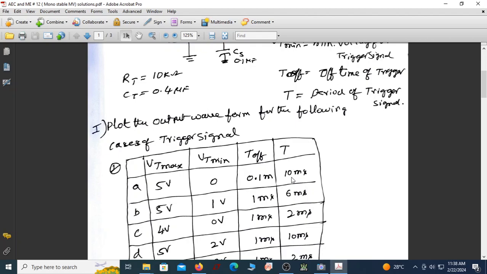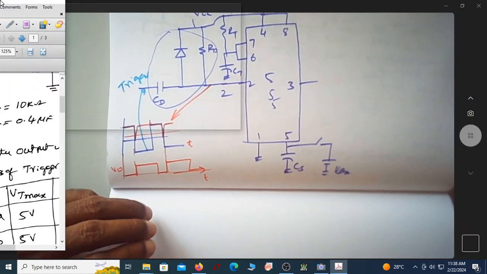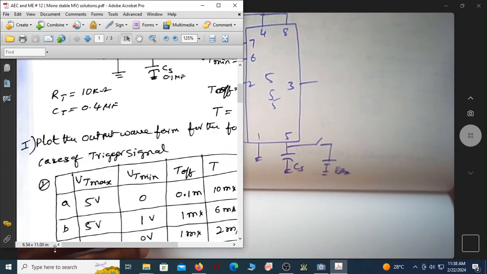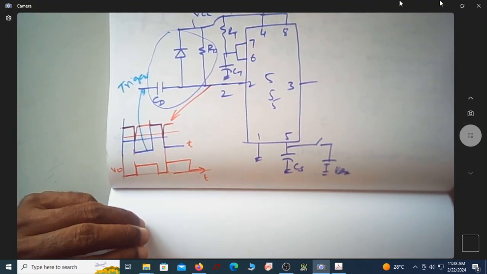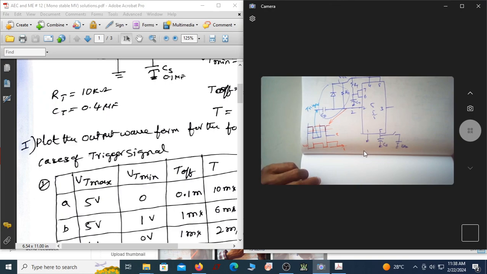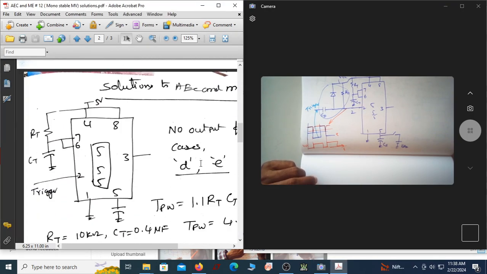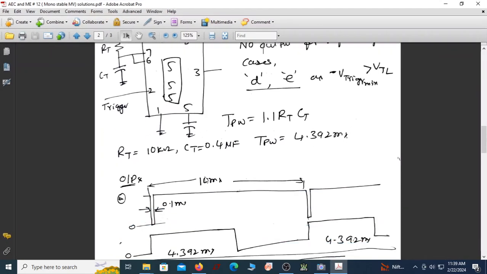Let me put this over here side by side. We are asked to plot the waveform. I have written the solution here to speed things up. As per this RT, CT and 1.1, because I am not using any external voltage, the pulse width becomes 4.392 millisecond.